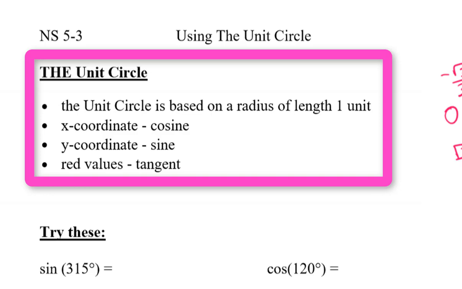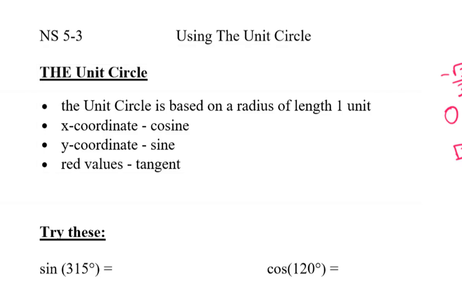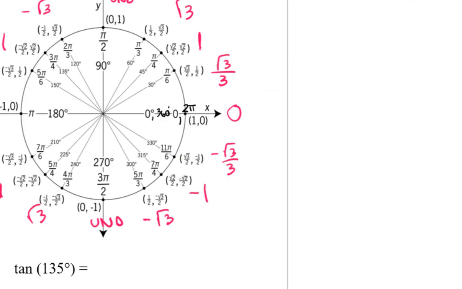Where that comes from is basically taking one of your special right triangles, either the 30, 60, 90 or the 45, 45, 90, and finding the hypotenuse and changing the ratio of that to be 1. Here's a quick demo.